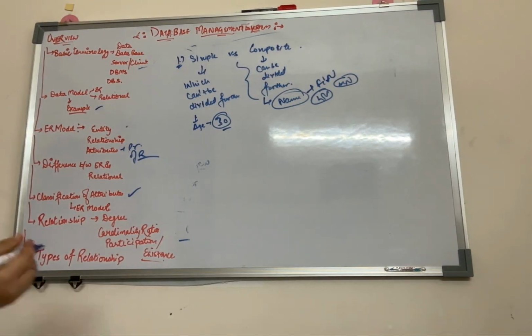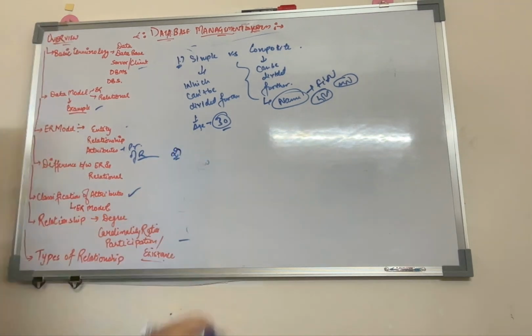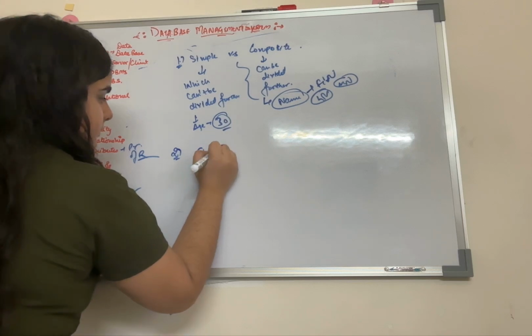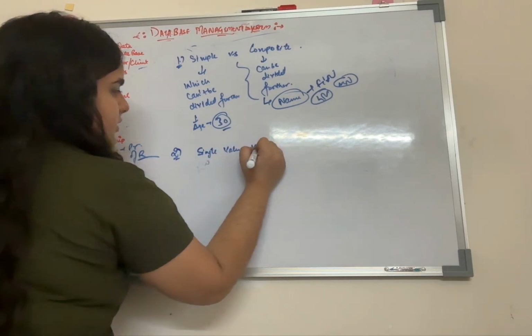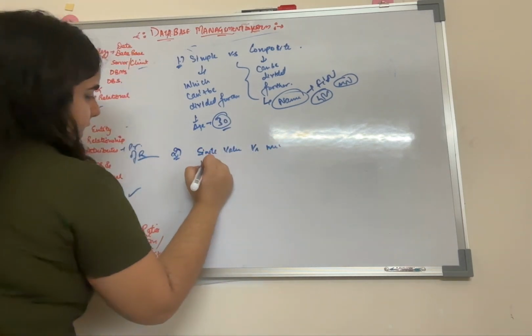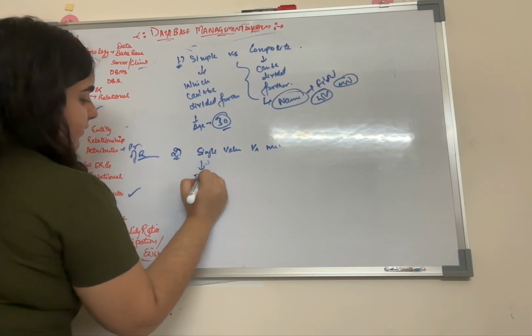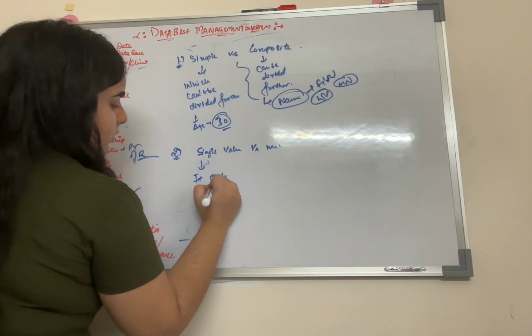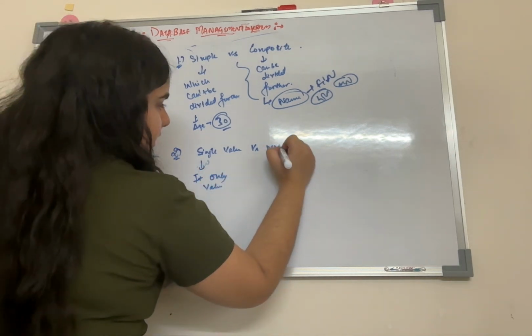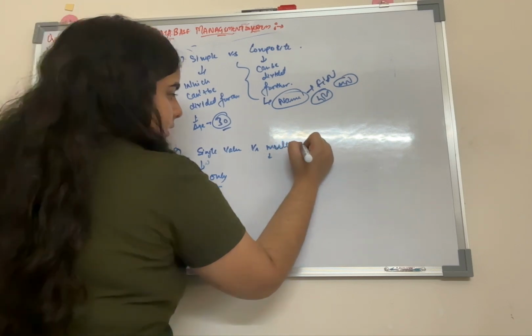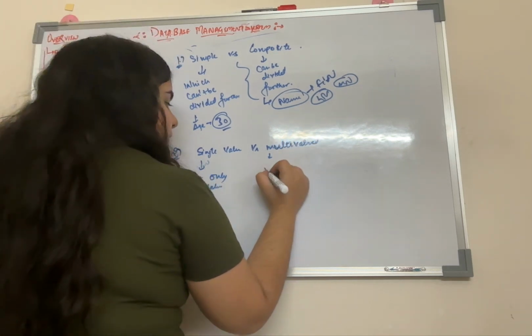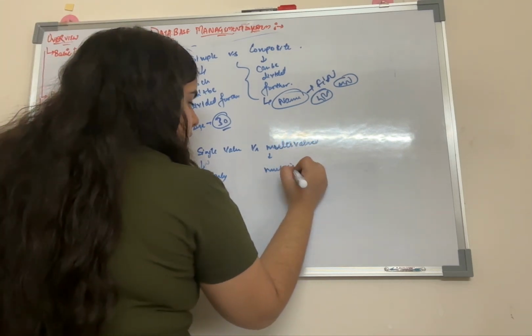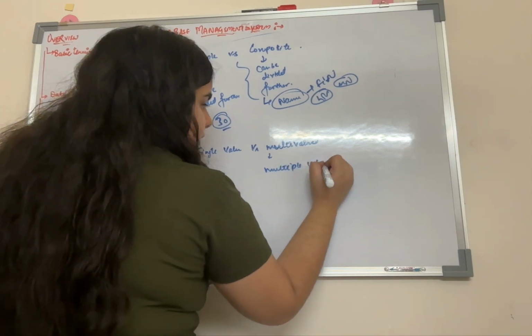Now coming to the second classification, single-valued versus multi-valued. Single-valued can have only one value, and multi-valued can have multiple values.